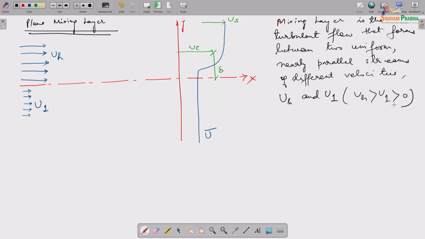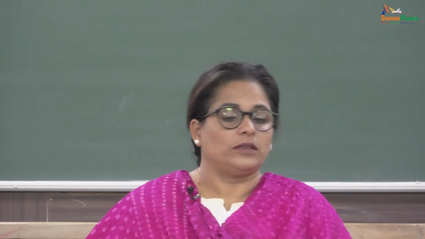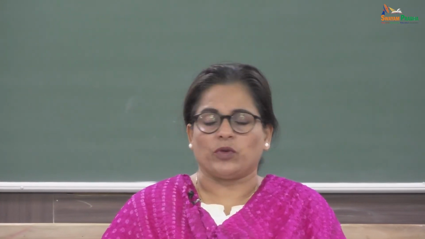So this is what we call a mixing layer. It's basically two independent, uniform and more or less parallel streams, flowing adjacent to each other. That's why we're saying it's a plane mixing layer, and one velocity is big, one is small, and so on.